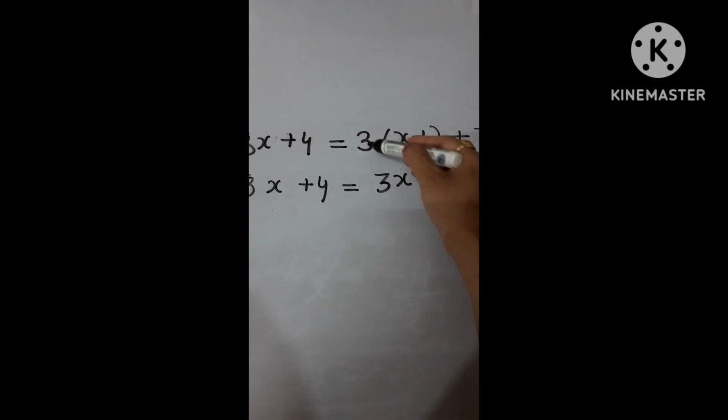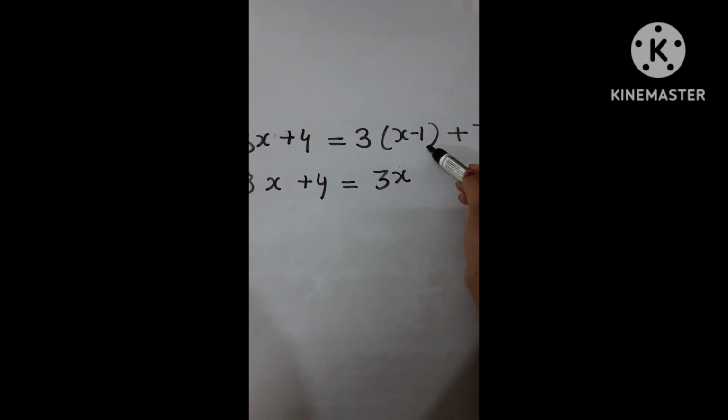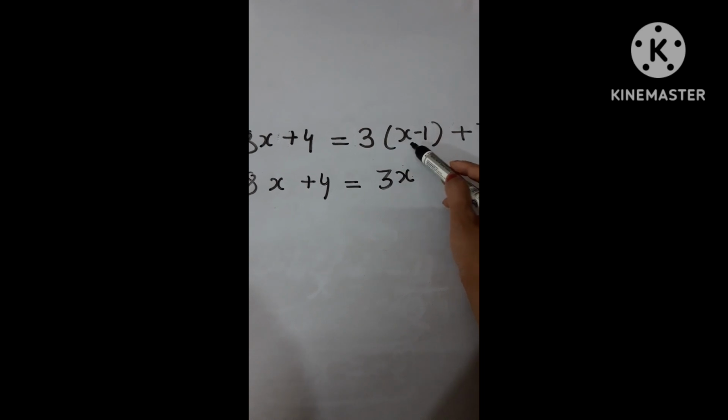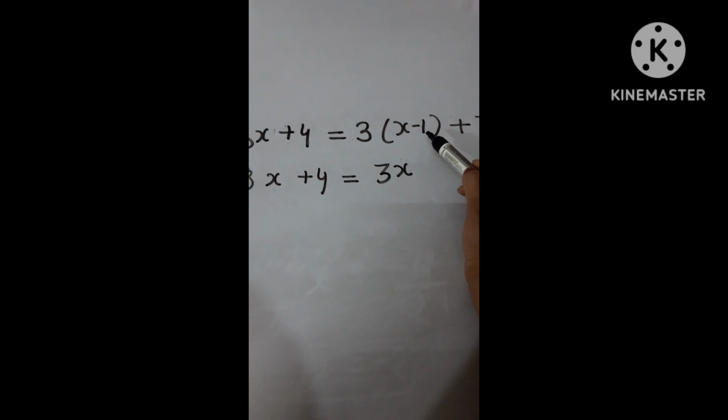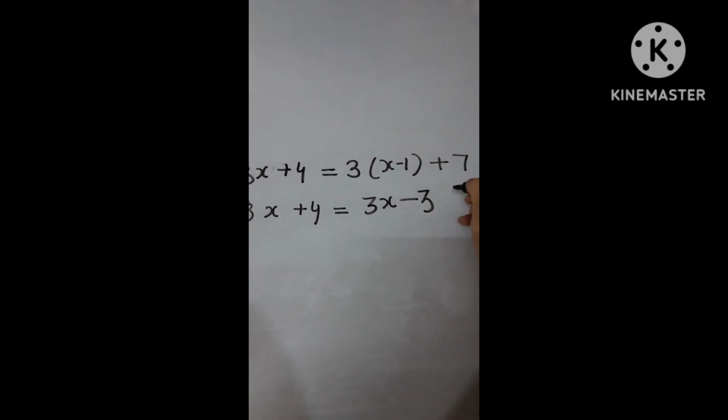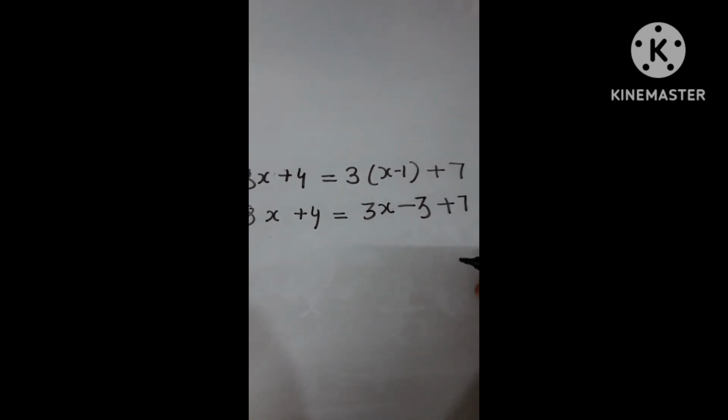And when we multiply this 3 with minus 1, because this 3 is outside the bracket, it means the 3 is to be multiplied with x also, and this 3 is to be multiplied with minus 1 also. Getting my point? So 3 into minus 1 will be minus 3. And then your plus 7.